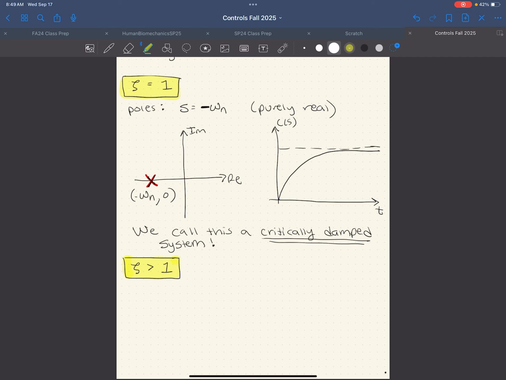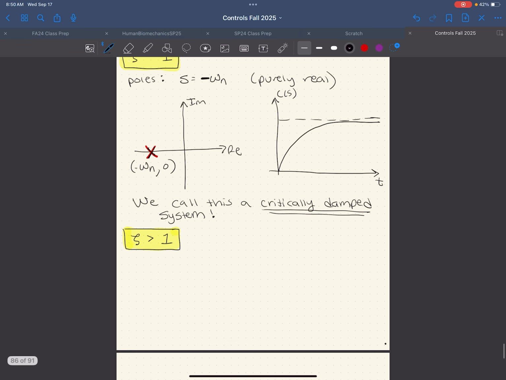But if you are forcing this system with some energy injection over time, that forcing will sometimes show up as a negative zeta term. So it is possible, but we would have to start talking about systems that are forced. And right now we're just talking about unforced systems, what we might call the natural response of the system. So for zetas that are greater than 1, let's look at our poles.